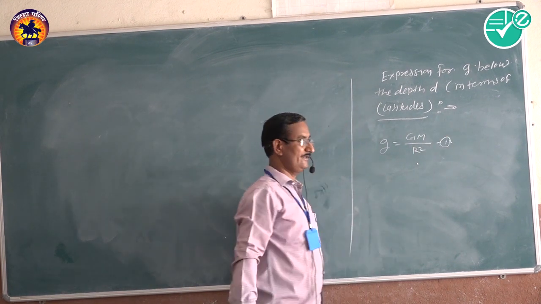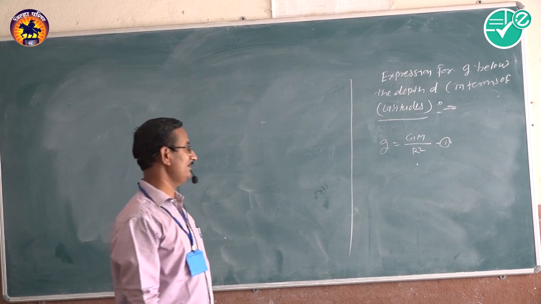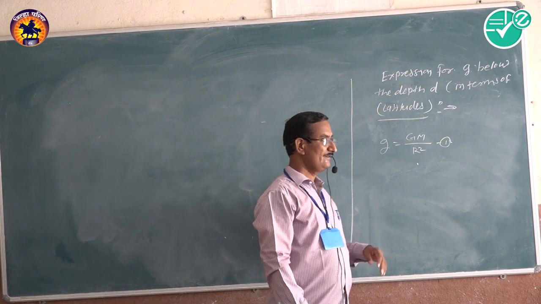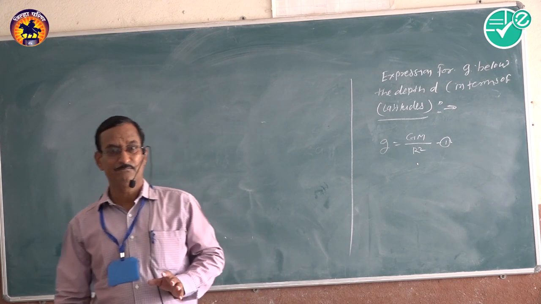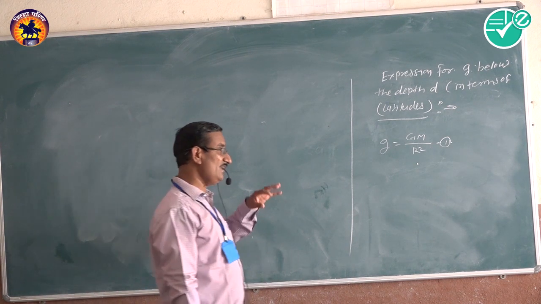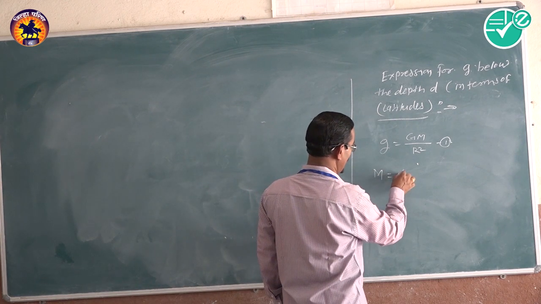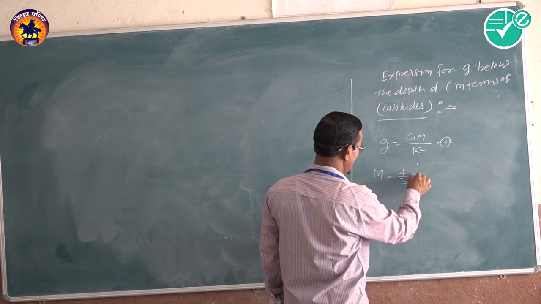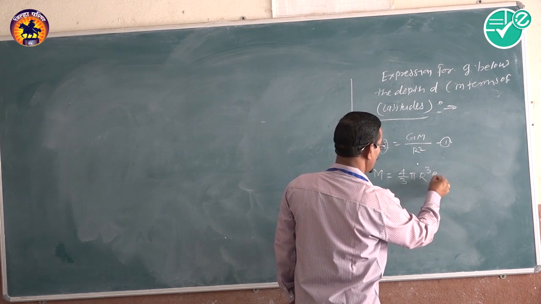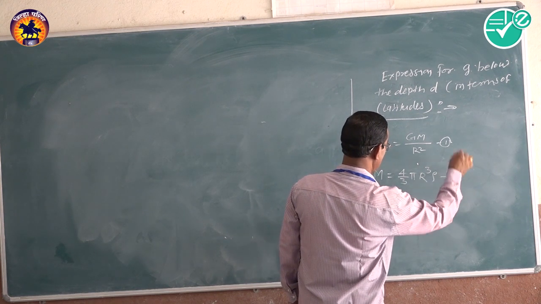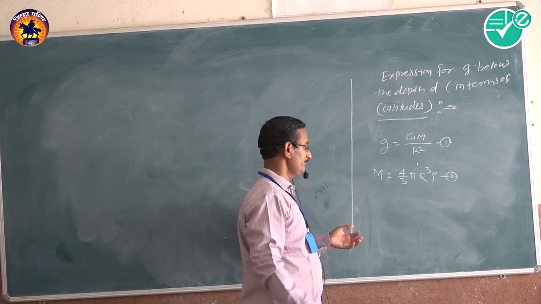That is the equation for the acceleration due to gravity on the surface of Earth. We have to know that Earth is a solid sphere, then the mass of Earth, capital M, is equal to 4 by 3 pi R cube into rho, that is equation 3. That is the mass of Earth.